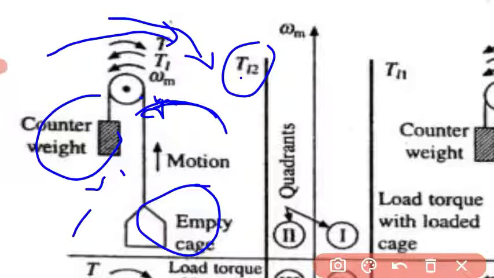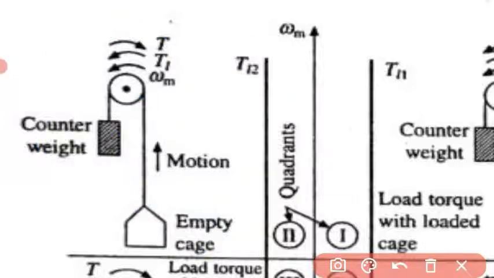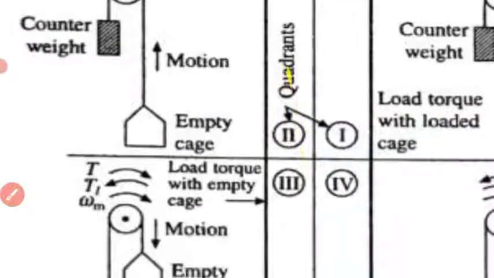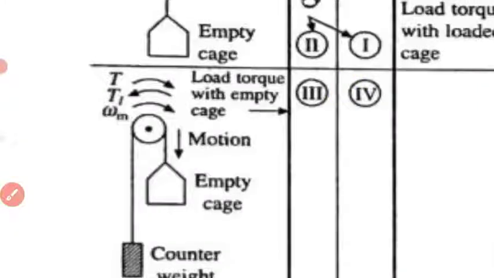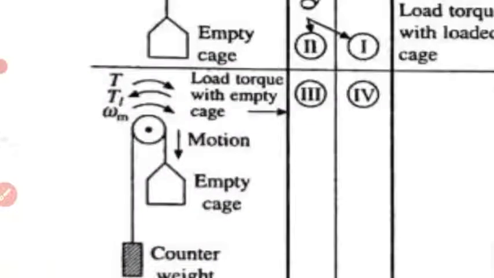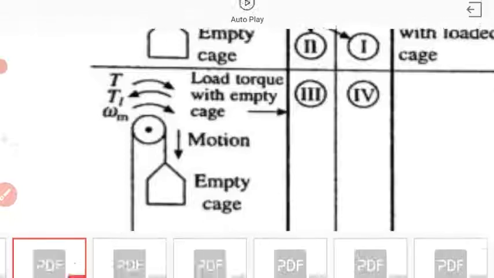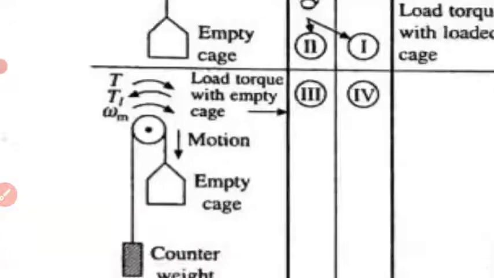Now the third quadrant operation, what happens, we can see here. When an empty cage is lowered, we are taking the empty cage down.